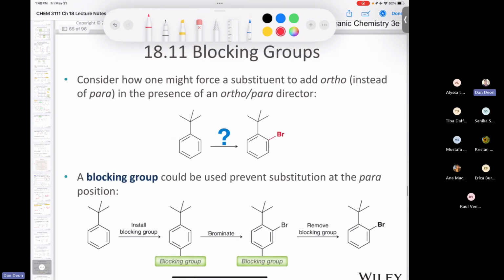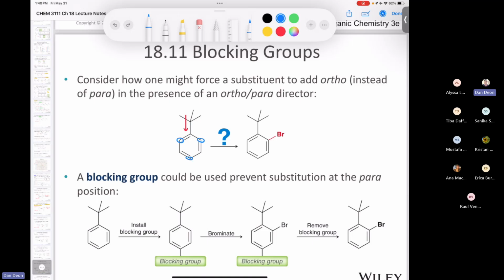Now we're switching gears again, and we're asking ourselves, is there a way to do this reaction? We're going to talk about something new now. I'm starting with tert-butylbenzene, and you know that this is an alkyl group. It is a weak activator, and weak activators activate to which position? They activate to the ortho positions and to the para position, but this is a big group.